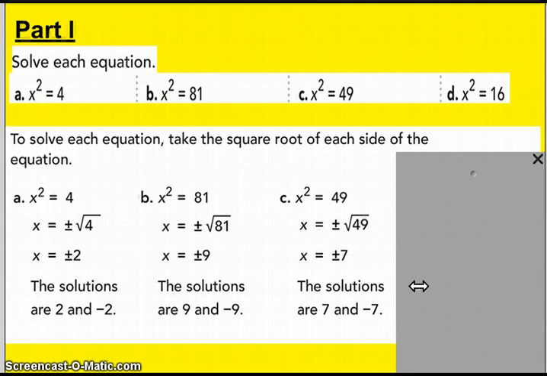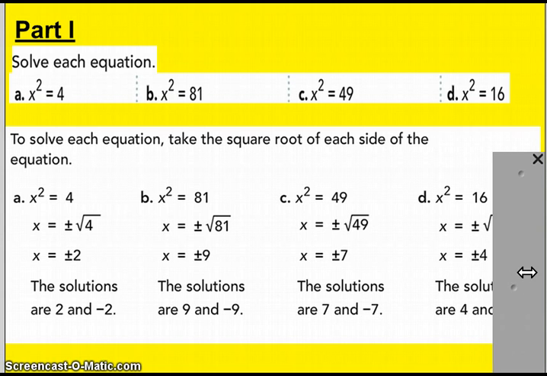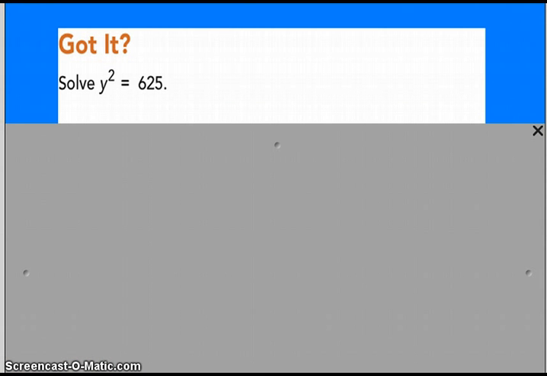And letter D, x squared equals 16. Same type of deal. Take the square root of both sides. Our solutions are 4 and negative 4. Okay, based on what we just did, given y squared equals 625, how would you solve that? Using the exact same steps that we just did.